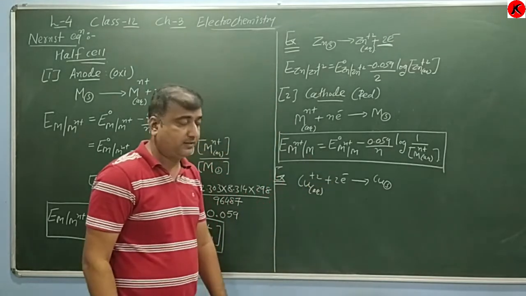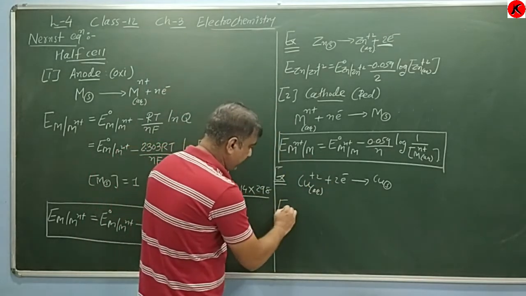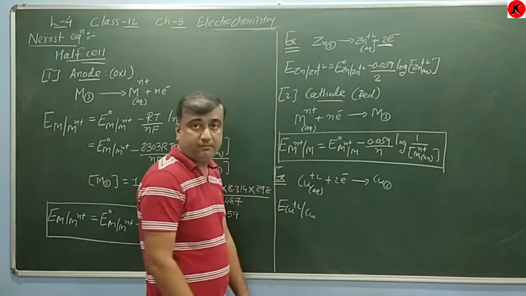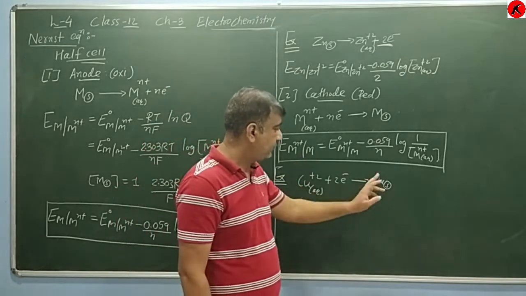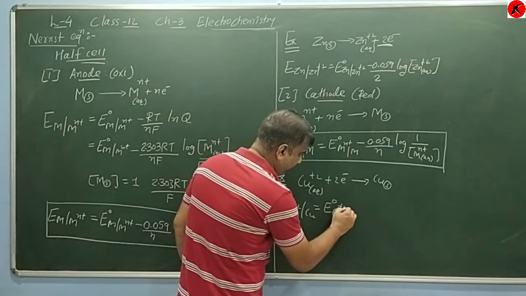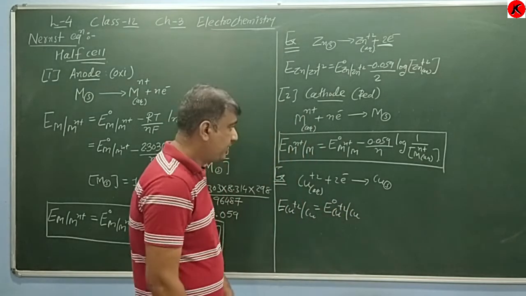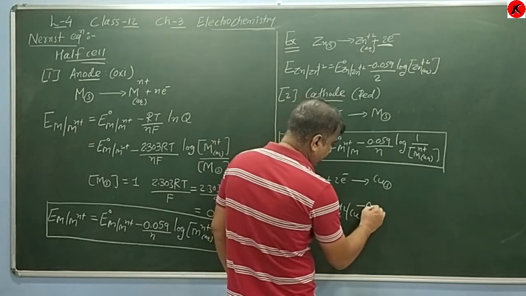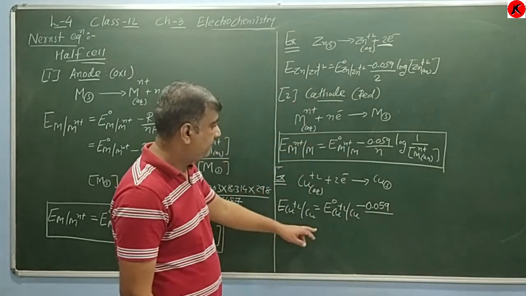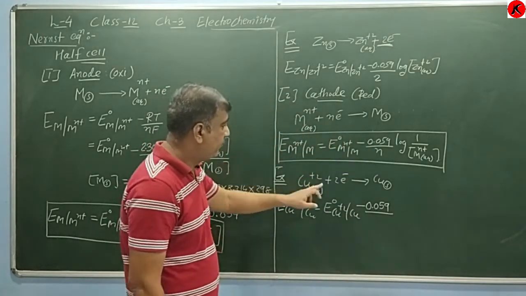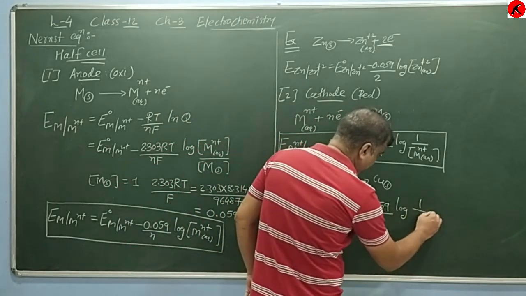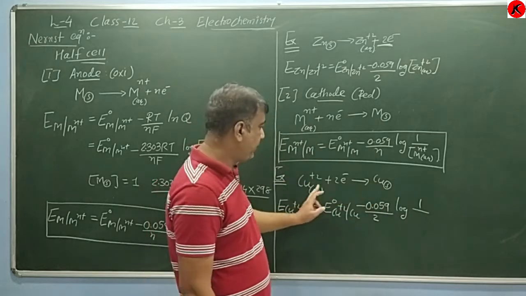Based on this we can write E Cu2+ to Cu equals E naught Cu2+ to Cu minus 0.059 divided by n, here 2, log of the concentration of product divided by reactant.